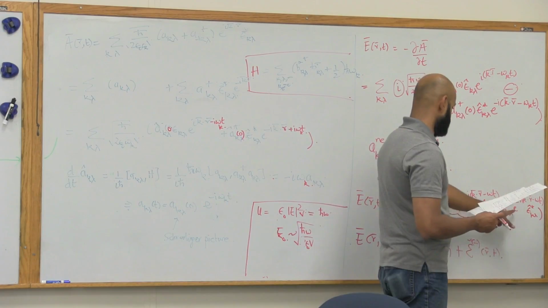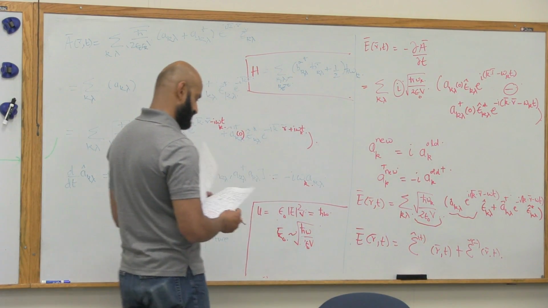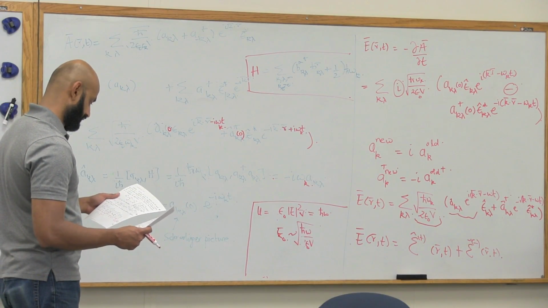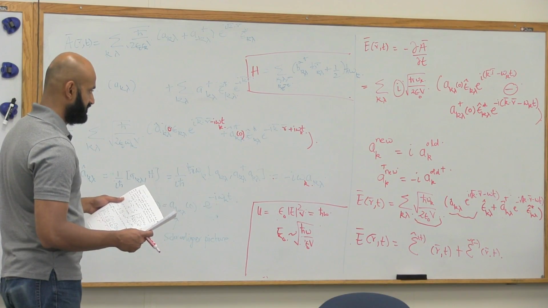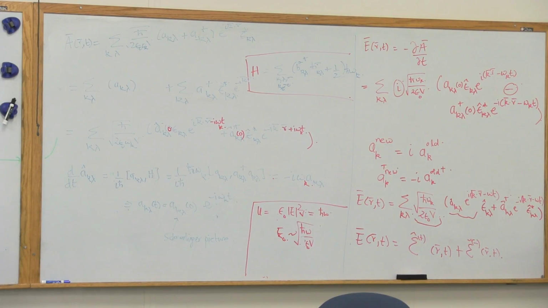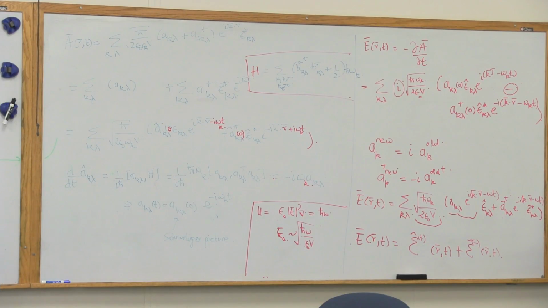And this E minus term, the negative frequency part of this summation, goes as e to the plus i omega t. Clearly I don't have to write it, but if you want, let me just write it down.